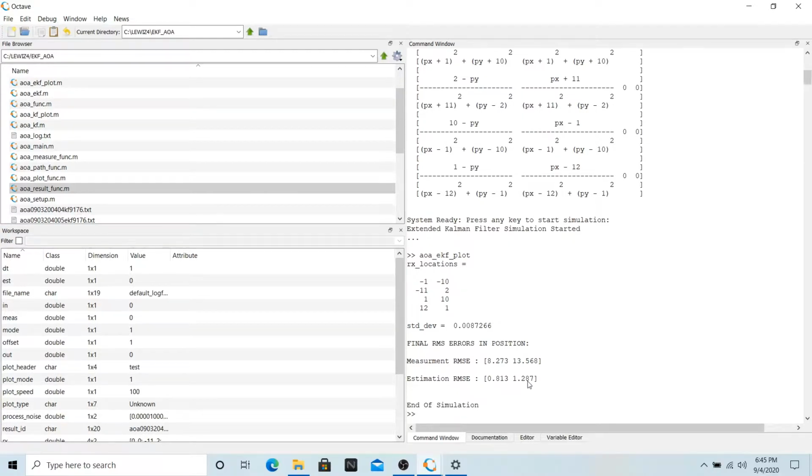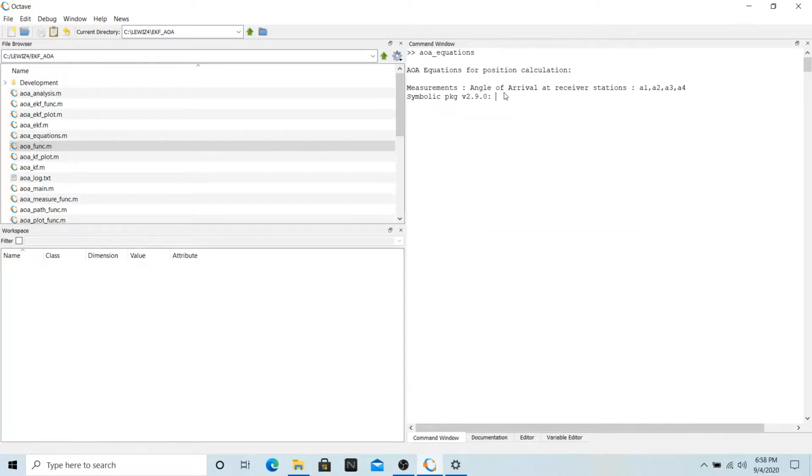Now we will take a quick look at the equations used in the AOA before concluding. So for each receiver station, we get an angle of arrival A1, A2, A3 and A4.